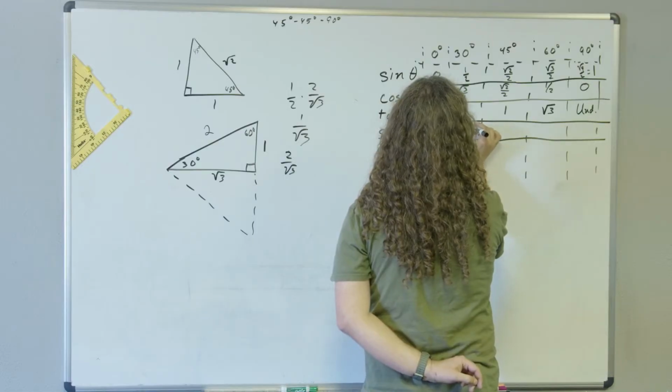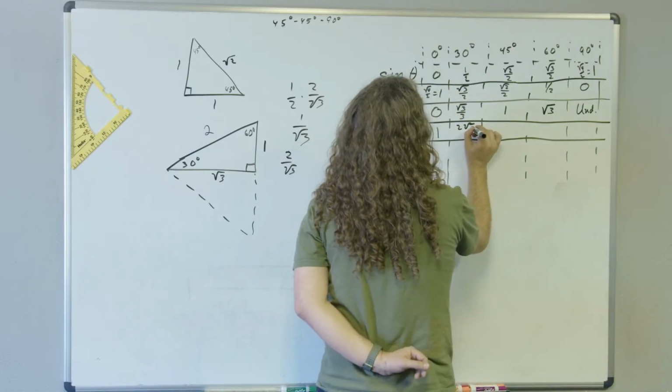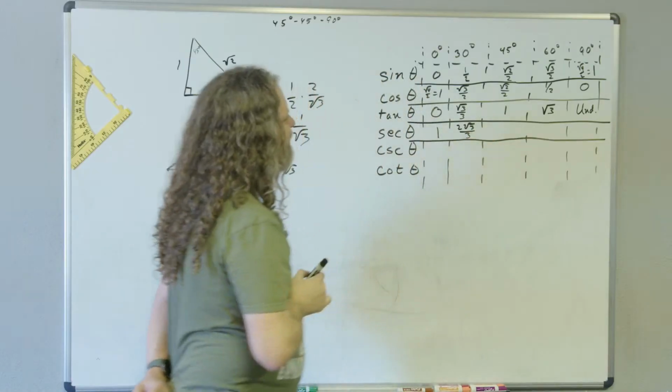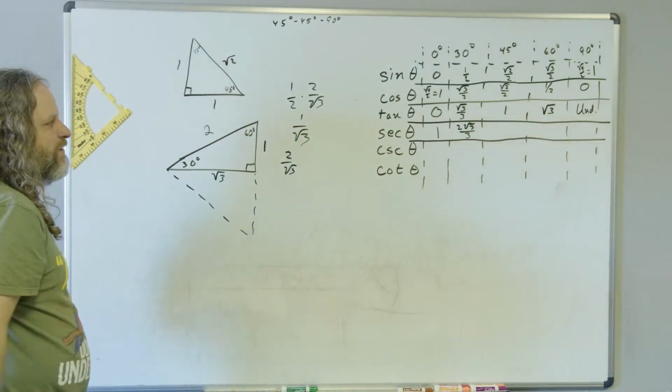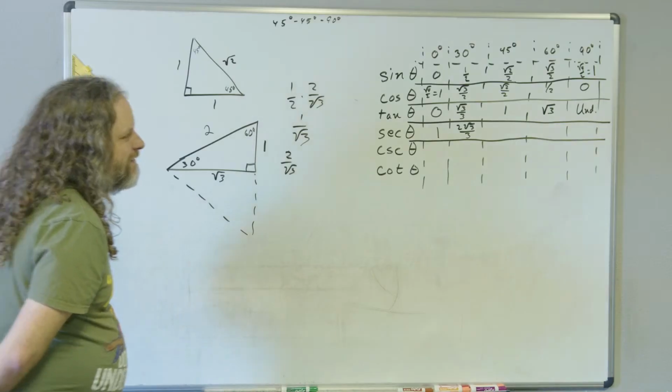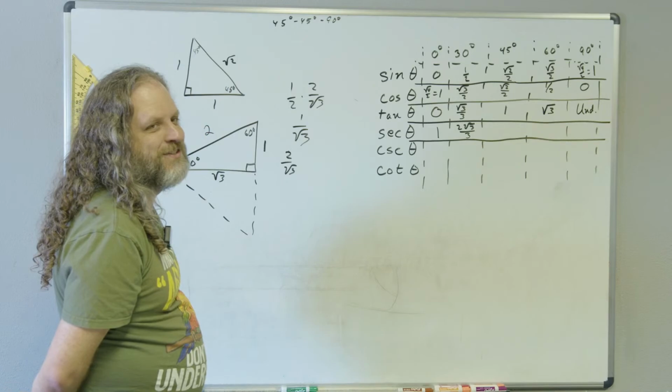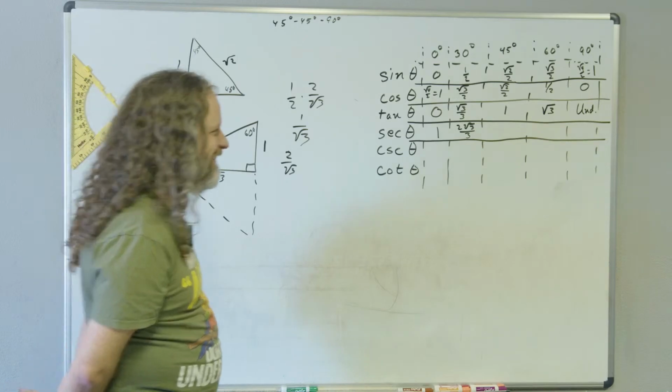You don't have to be able to do all that in your brain. And then 1 over square root of 2 over 2 is 2 over square root of 2, which is? Square root of 2. Thank you.